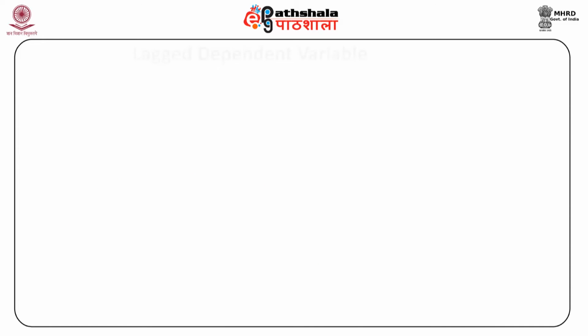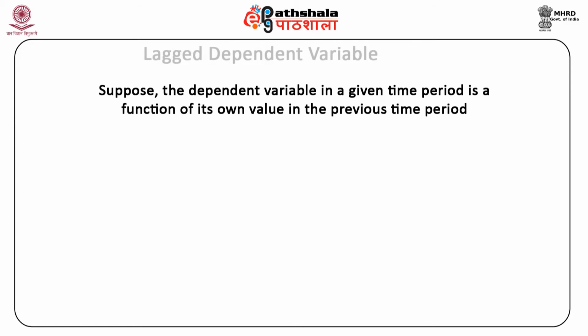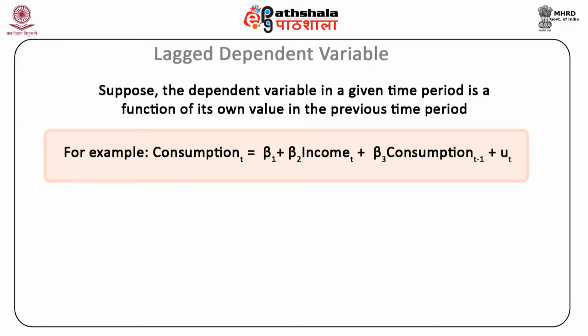The third cause of autocorrelation is the lagged dependent variable. In this, suppose the dependent variable in a given time period is a function of its own value in the previous time period. For example, consumption in period t equals beta 1 plus beta 2 income_t plus beta 3 consumption_(t-1) plus u_t.